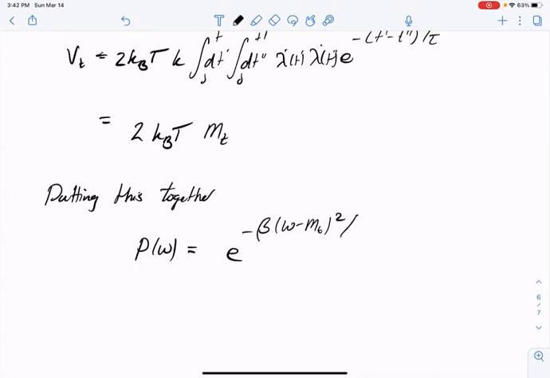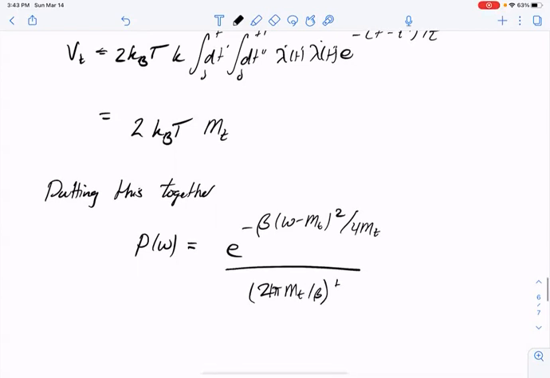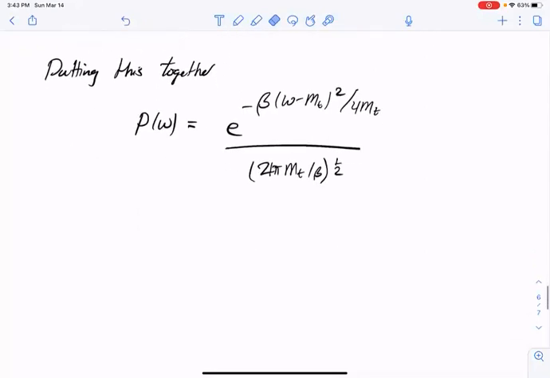The variance is twice the mean, giving me 4 m of t. And normalize by its variance, twice m of t divided by beta. So that is the full distribution of work values.